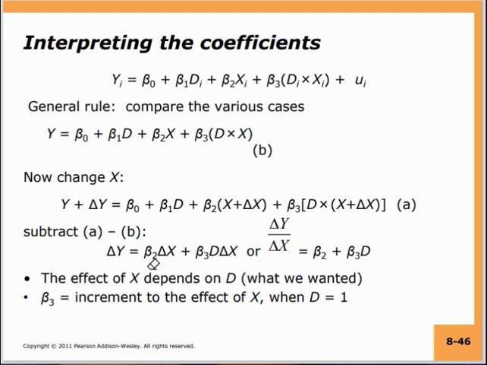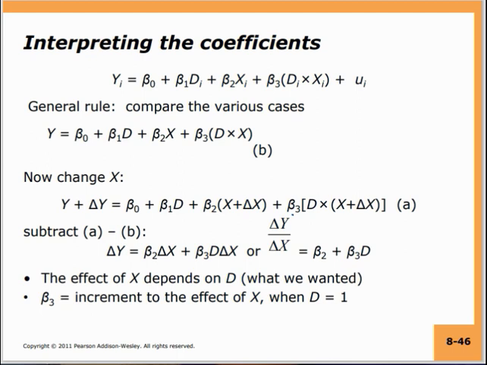And when you have the original x, then you have just beta 0 plus beta 1 d plus beta 2 x plus beta 3 dx. So you subtract equation b from equation a and you get delta y is equal to beta 2 delta x plus beta 3 d delta x, or delta y by delta x, that is the change in y by change in x, is equal to beta 2 plus beta 3 d.